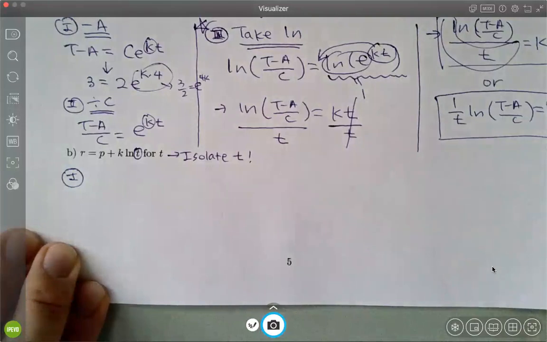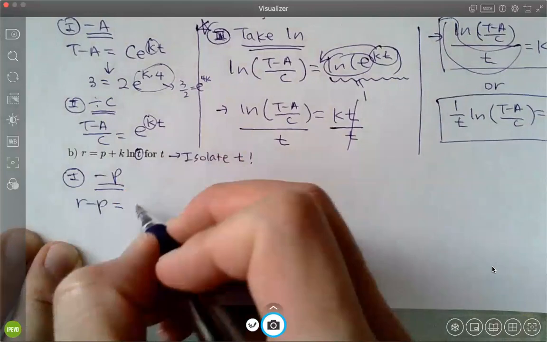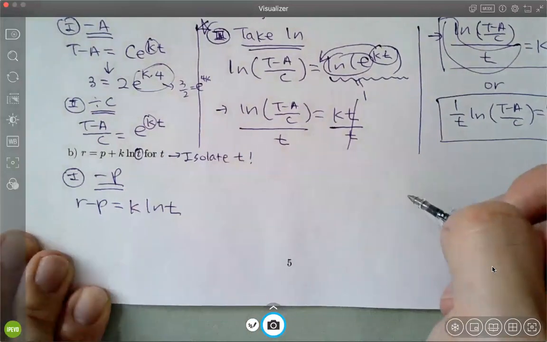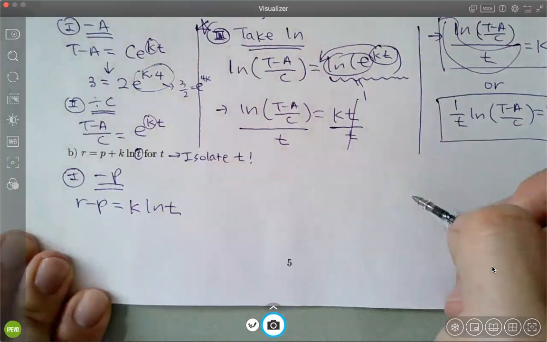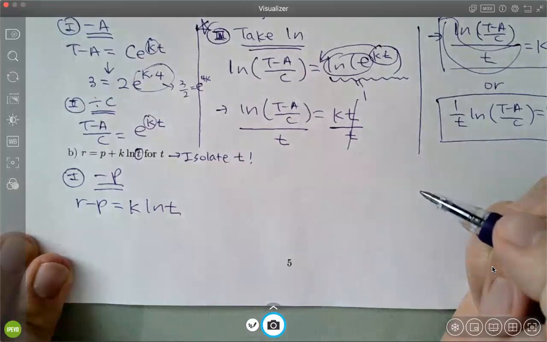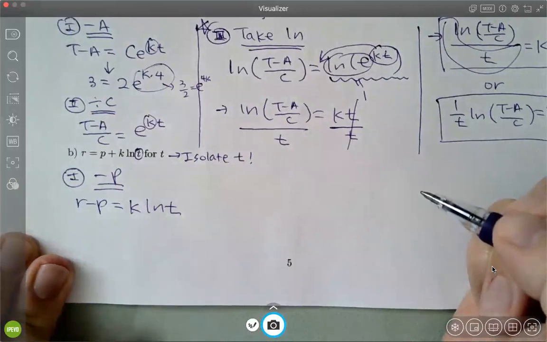Okay, so minus P. So we get R minus P is equal to K ln T. And now what is next? Convert the right side into an exponent. Not yet. We need to do something before that. Divide by K. Divide by K, yes. And what's the reason?